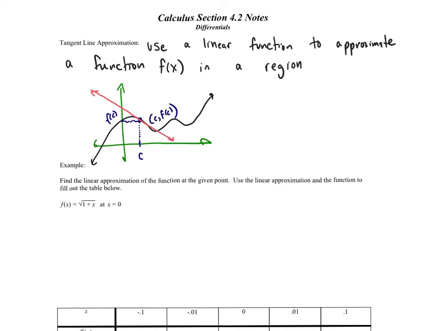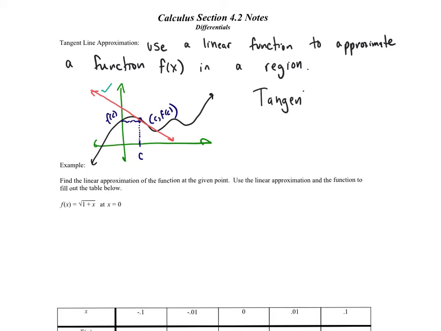And now instead of just using this tangent line, at points very, very close to C, so if I'm taking points a little bigger, a little smaller than C, instead of looking at them on this function, we can actually look at them on this line. So the tangent line is very easy.